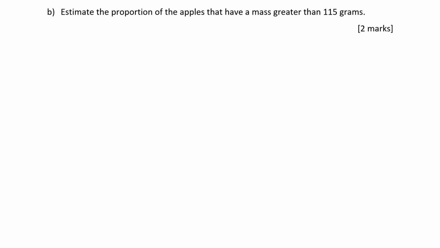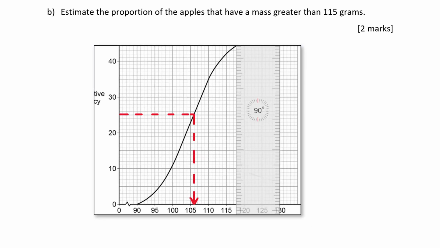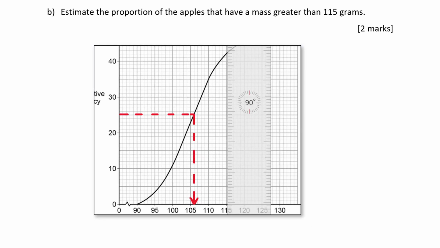Okay, so next part says estimate the proportion of apples that have a mass greater than 115 grams. So here we're going to use the graph the other way around. We can find 115 grams on the graph, and this time we're going to read up to the curve and across. So just going to switch color pens.